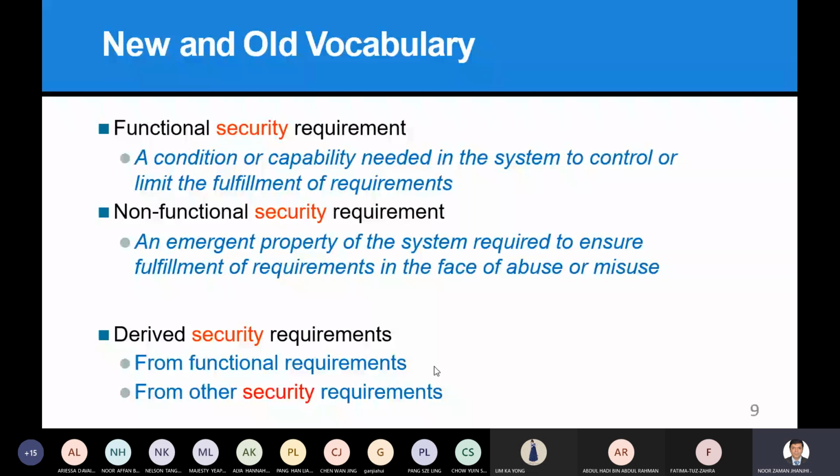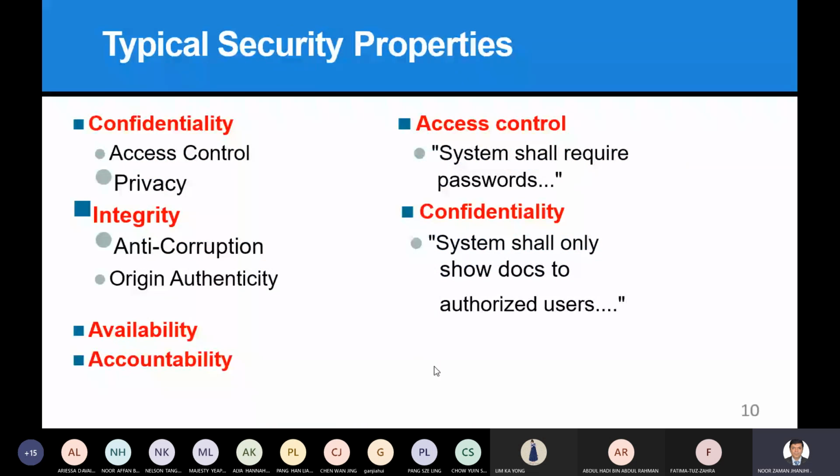The derived security requirements come from the functional requirements and other requirements, as we discussed. So that is dependent on the functional requirements and other requirements. That's the focus so that you can understand things.